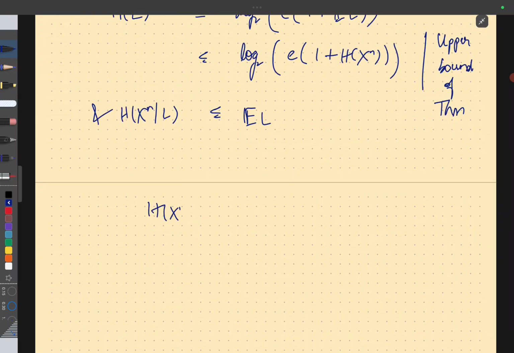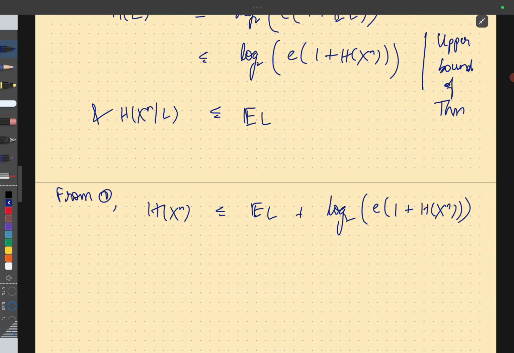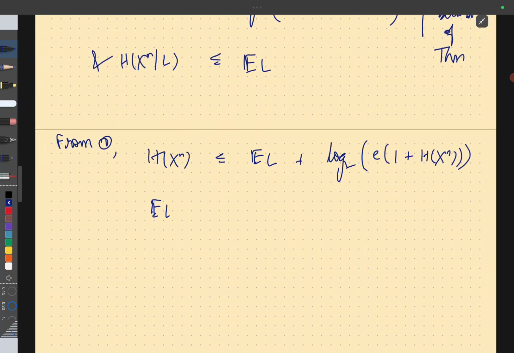So H(Xn) is less than or equal to expectation of L plus log of e times 1 plus H(Xn), or the expected length is greater than or equal to H(Xn) minus log e times 1 plus H(Xn).